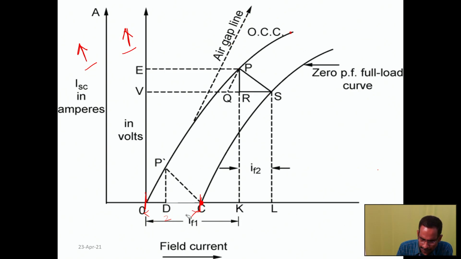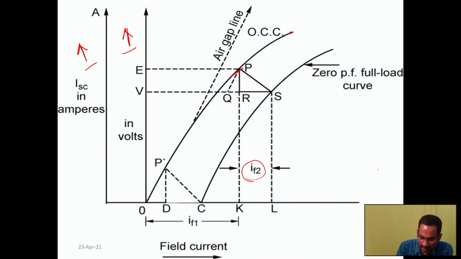Okay. So in this, IF2, wait a minute. IF2 is the field current required to overcome the armature leakage reactance.